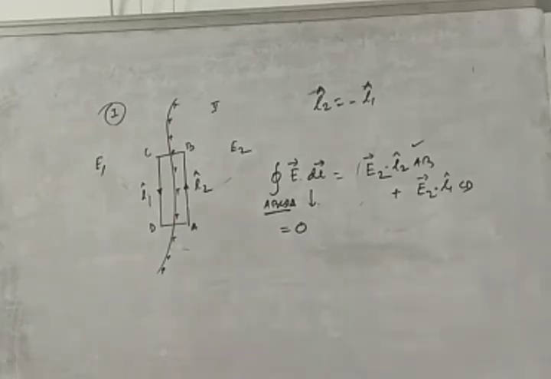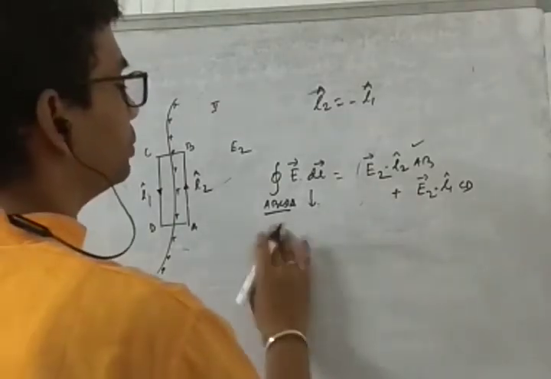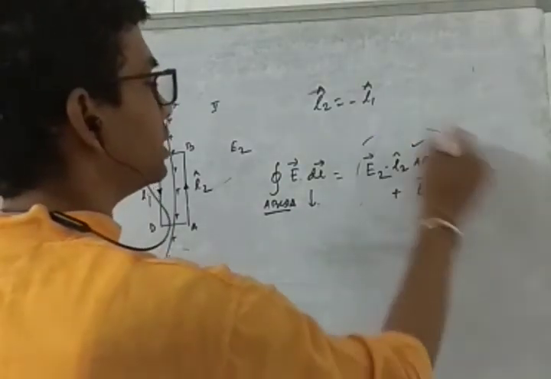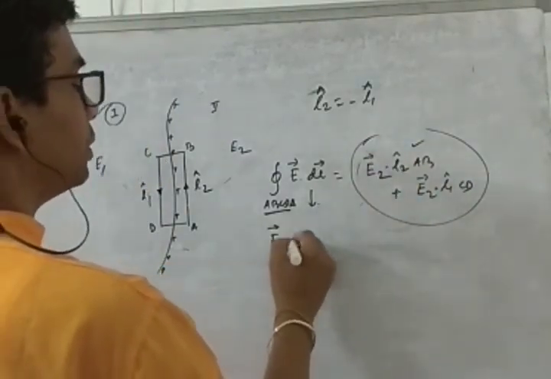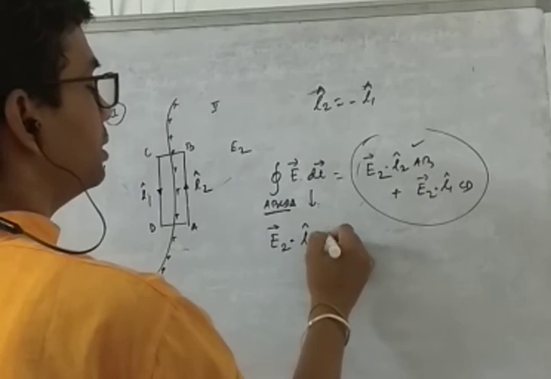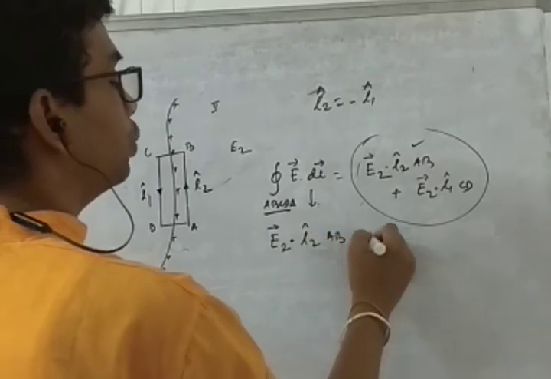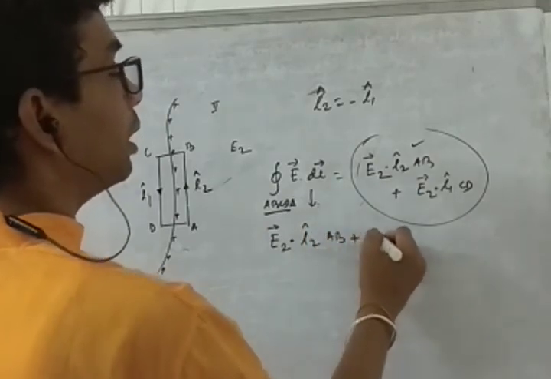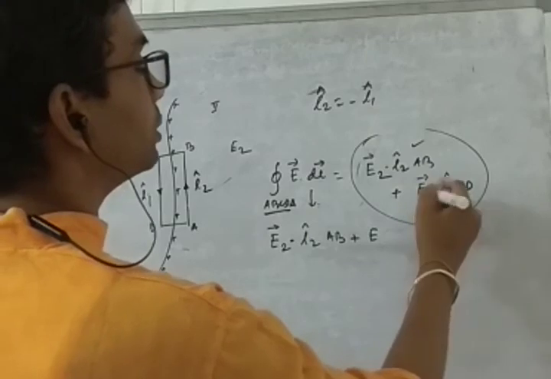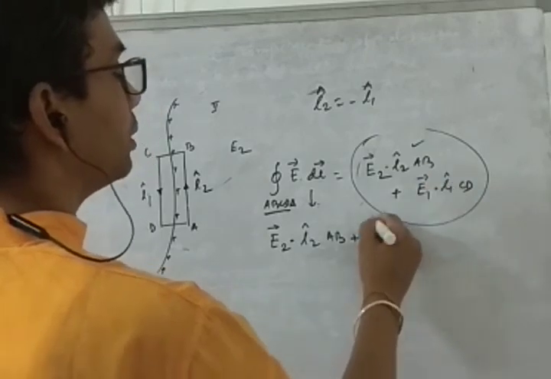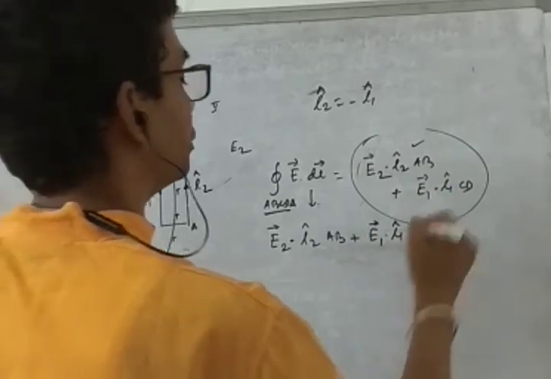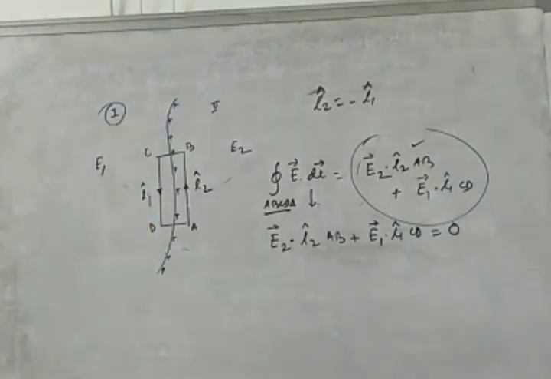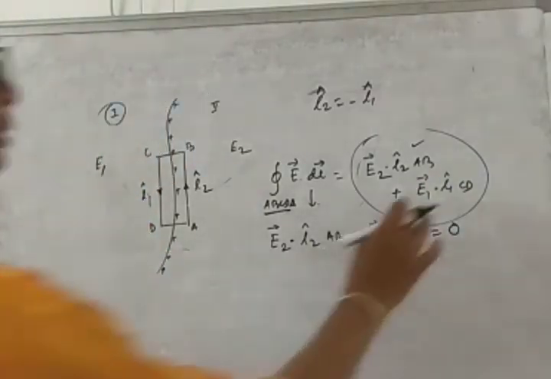That means E2 dot L2 AB plus E1 dot L1 CD must be equal to 0, since the electric field is conservative in nature.